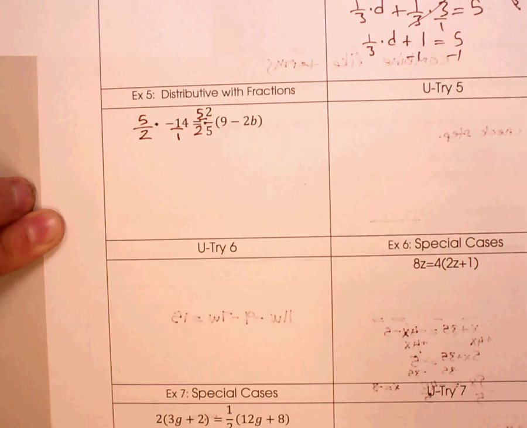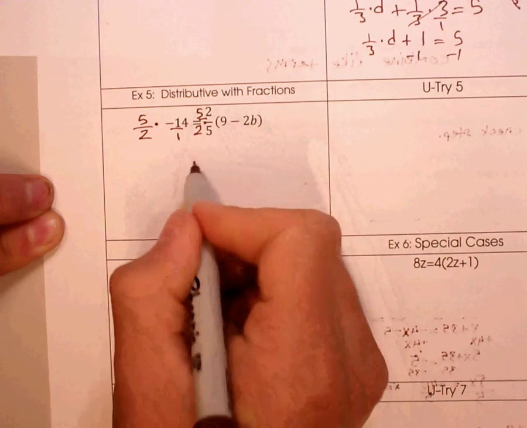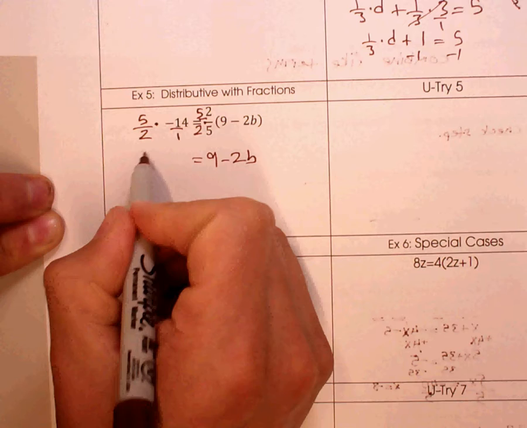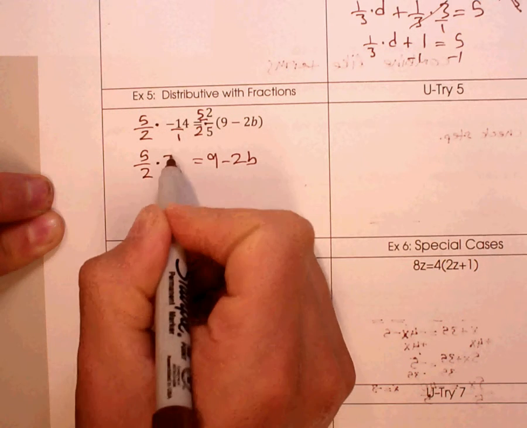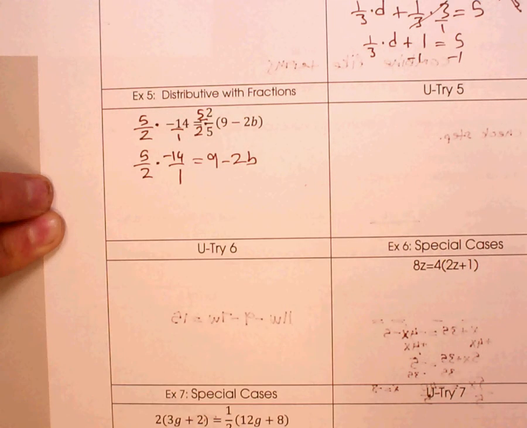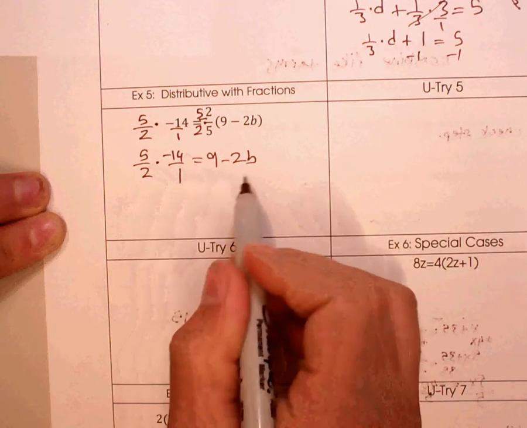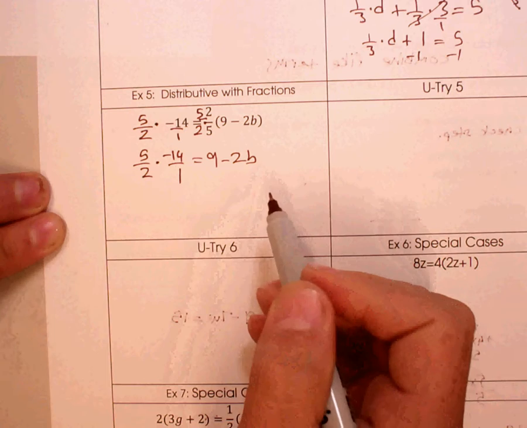Remember that 14 can be written over 1 as well. These will simplify. We will have 9 over 2b on one side, 5 over 2 times negative 14 over 1 on the next. Now we have taken care of the fraction and the distribution as well.